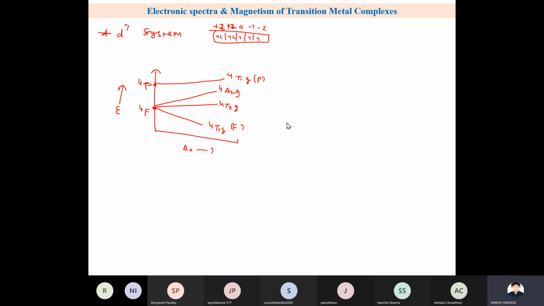So there are again 4 terms, but here see, whether it is a water complex or any complex, in the D7 system there is no overlapping. This is nu1, this is nu2, and this is nu3.